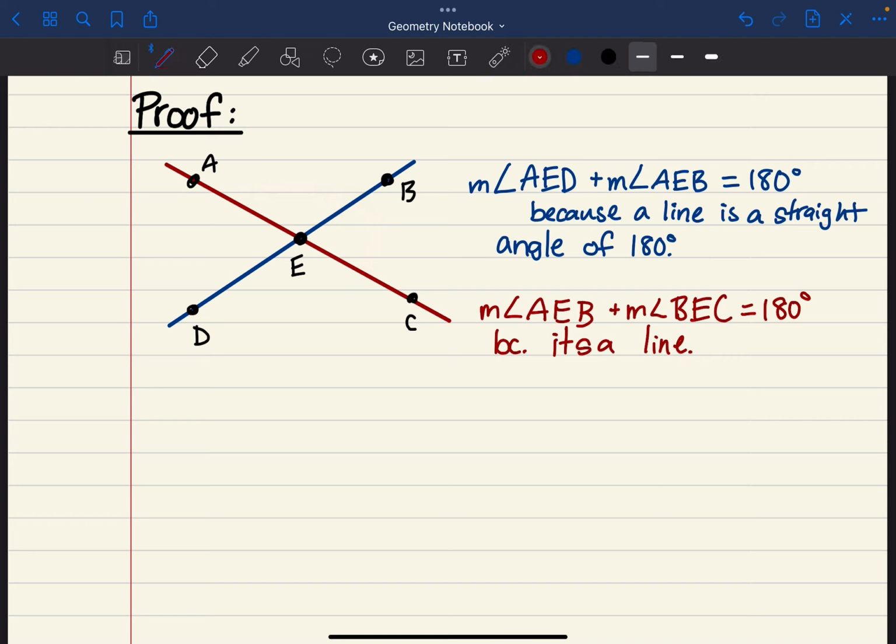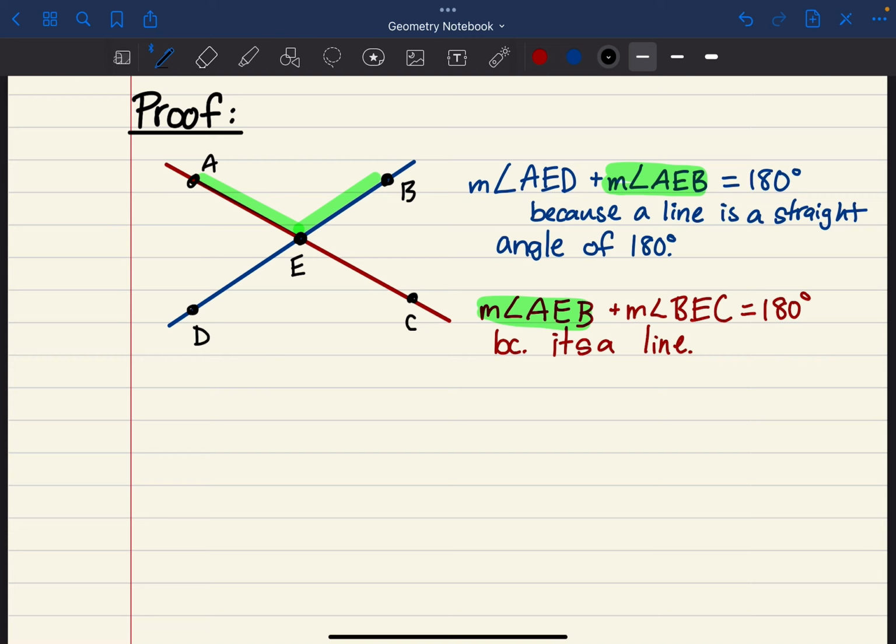I'm going to highlight the fact that AEB is in both of my explanations here. That is my shared info, and I'm going to say that is this angle here. I just want straight lines. This angle is used in both of my explanations, and I'm going to use that to explain why my angle on the left and my angle on the right are equal to each other.